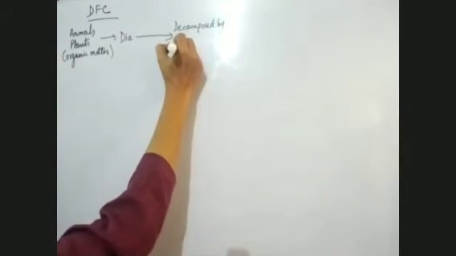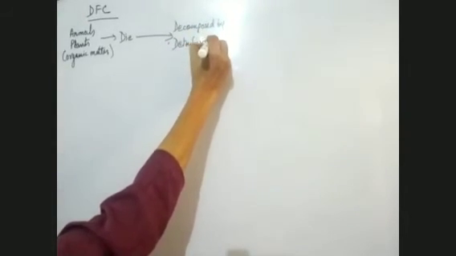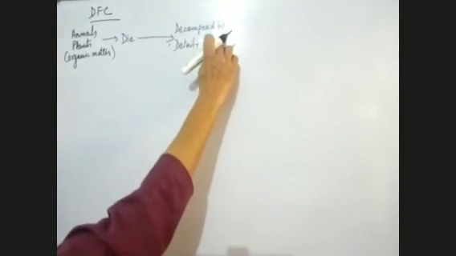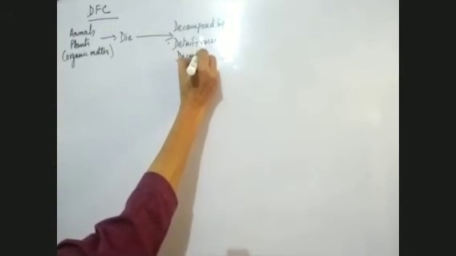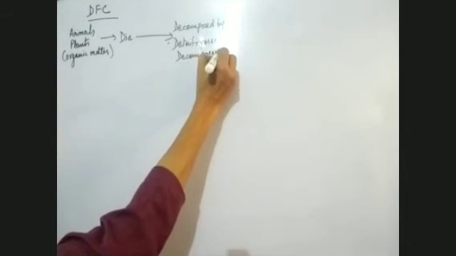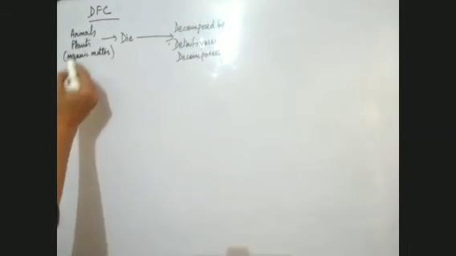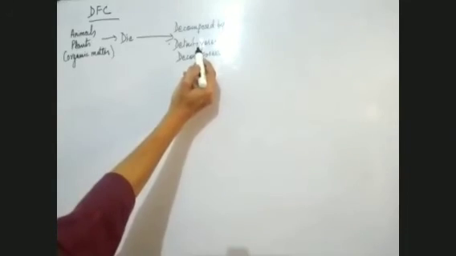by detritivores or decomposers. I'm writing here detritivores or decomposers. Their body is decomposed by them. Now when their body which has organic matter, after their death, is decomposed by detritivores or decomposers, what does it convert into?